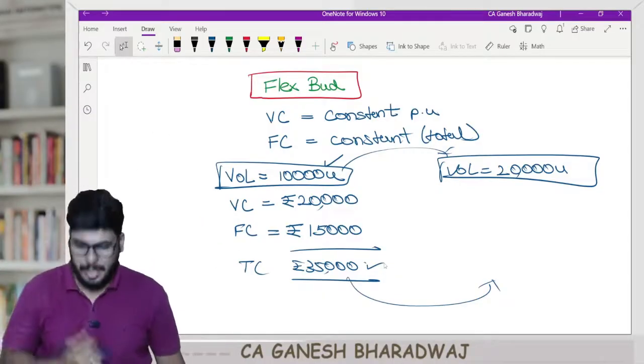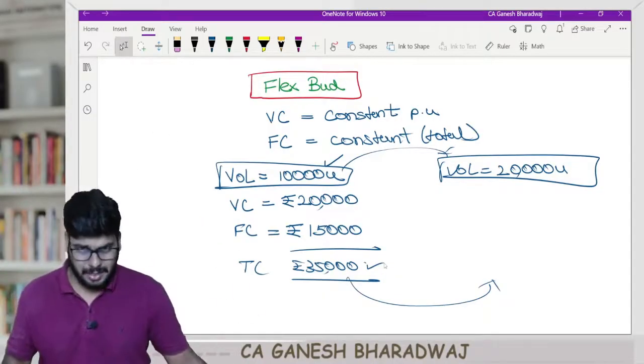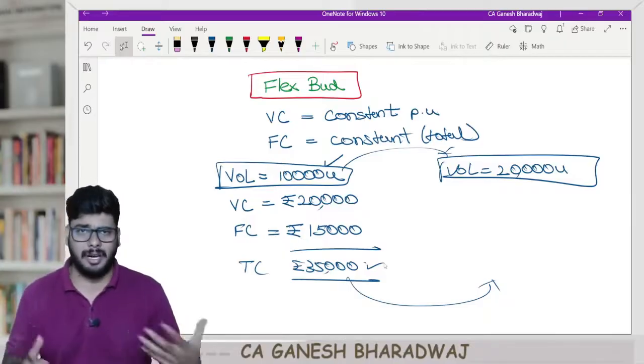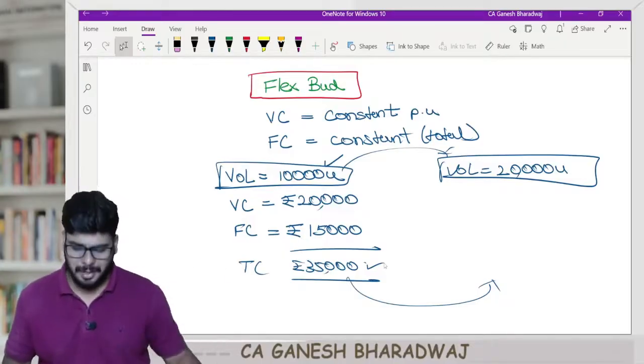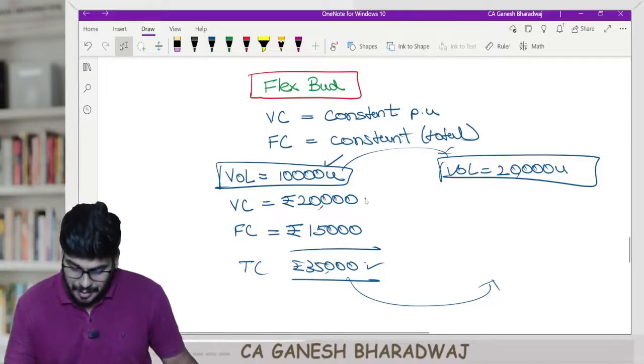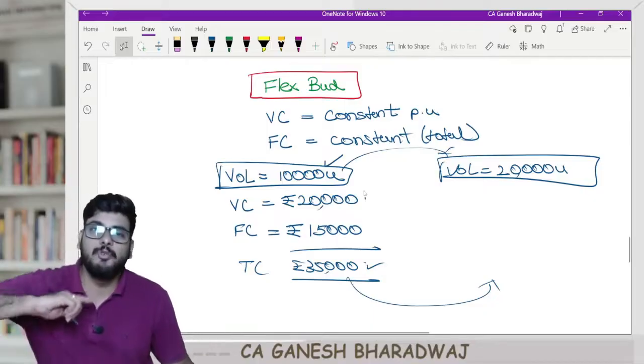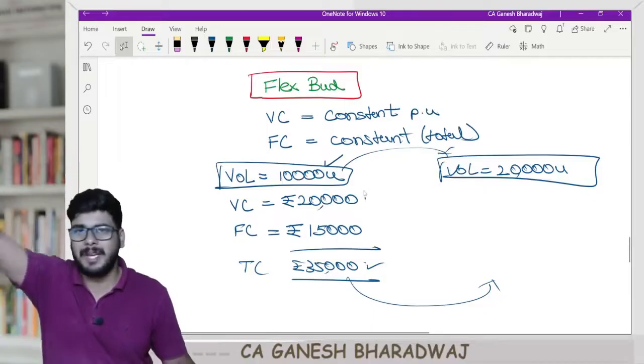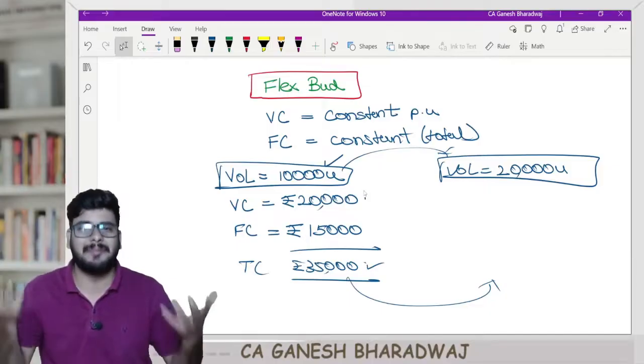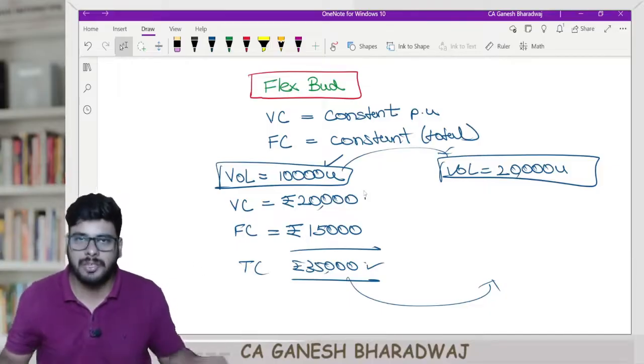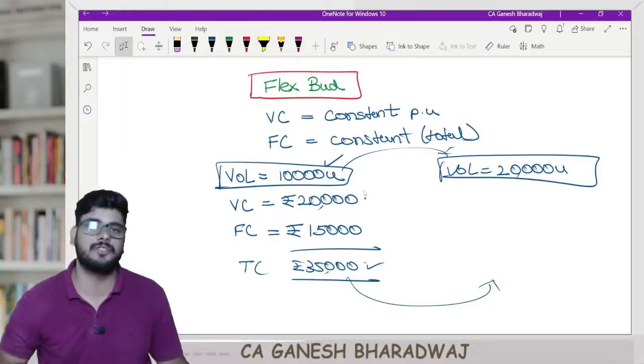Absolutely not. Why? These are the basics of our cost behavior pattern, variable and fixed cost. Variable costs will move in proportion to your volume, whereas fixed cost, as the name suggests, remains constant in total. It will not change based on your volume level.